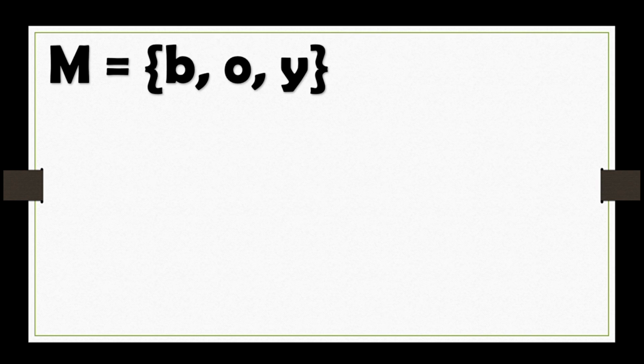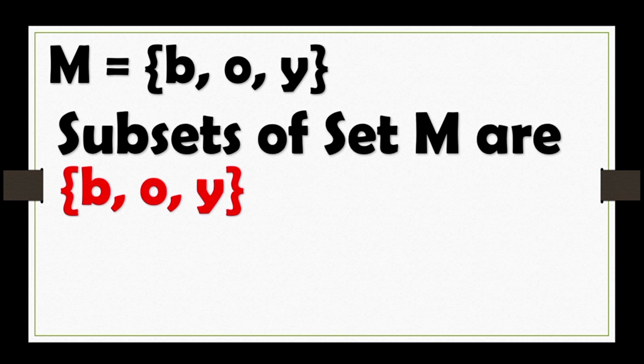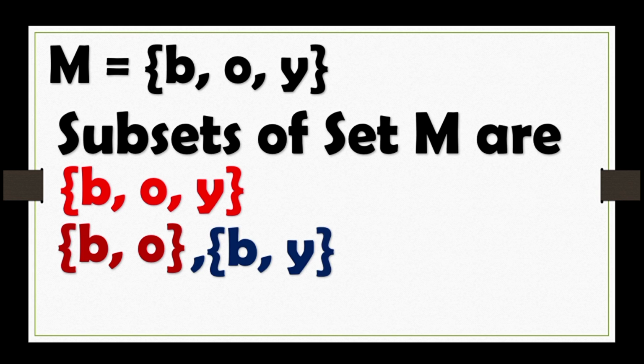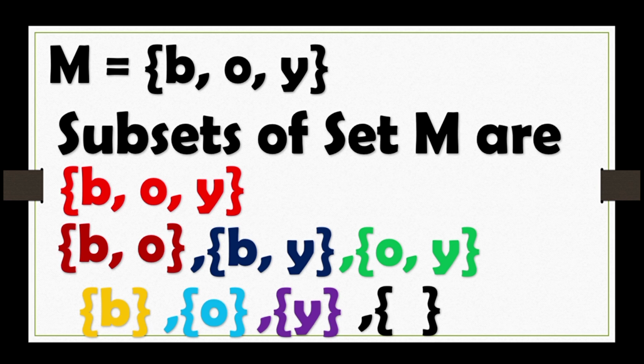Let's have set M with elements B, O, Y. In this set, subsets are sets with elements B, O, Y; B, O; B, Y; O, Y; B; O; Y; and a null set. In this case, we have 8 subsets.